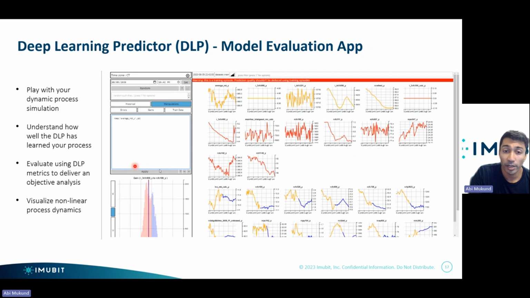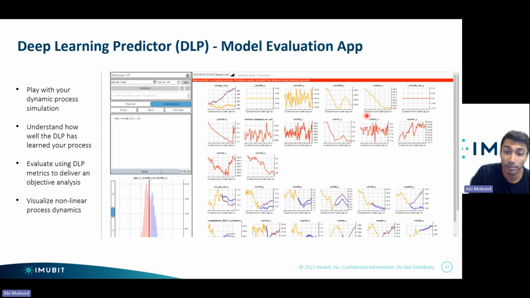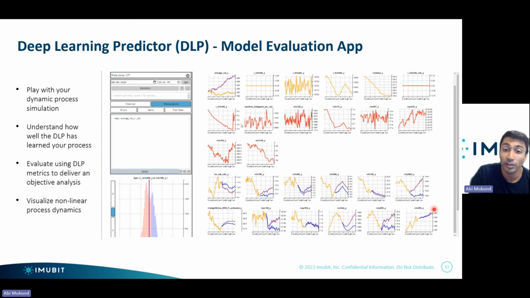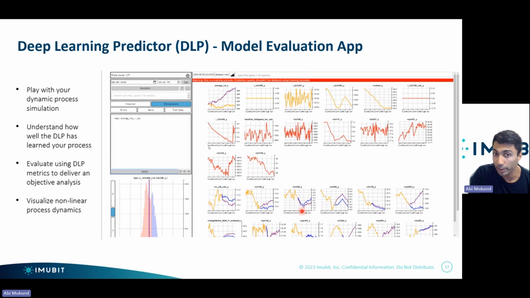And because this is a simulator, you can ramp and change different inputs and see the corresponding change on the dependent variable dynamically. This application works both on historical data and on real-time data. So you can constantly play around with your plant simulation and learn more about your plant.